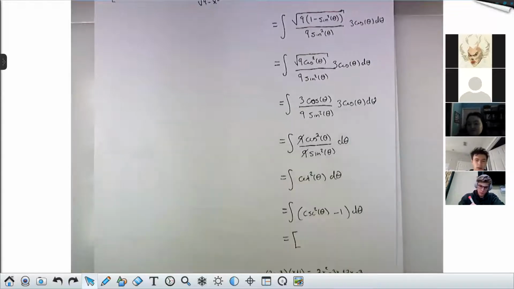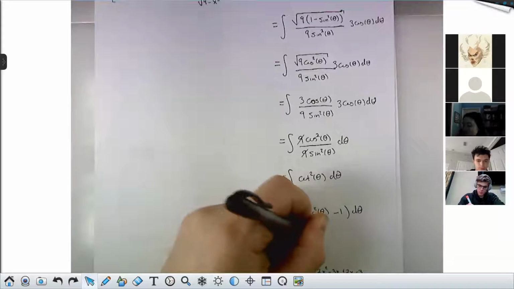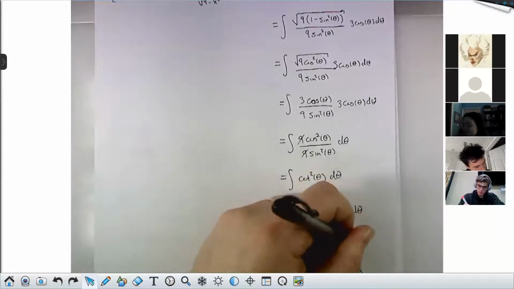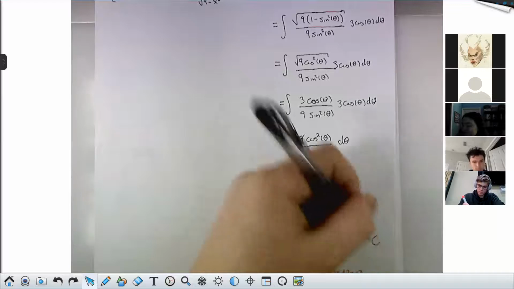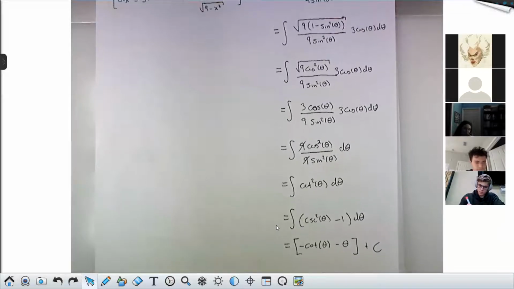The derivative of cotangent is negative cosecant squared. So this would be negative cotangent theta minus theta plus a constant. And that's all the calculus steps done. But there is still work to do.